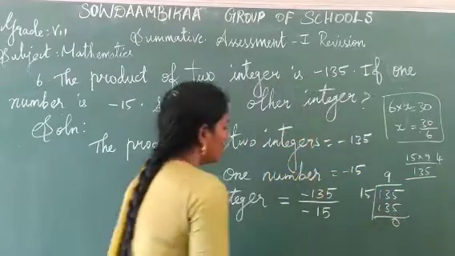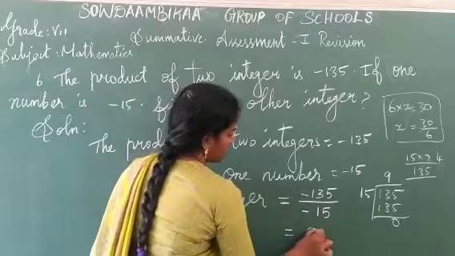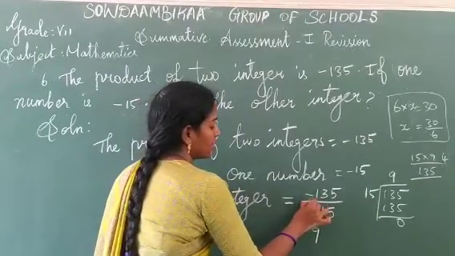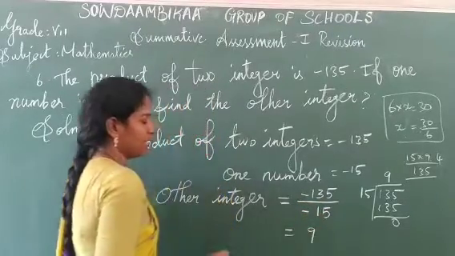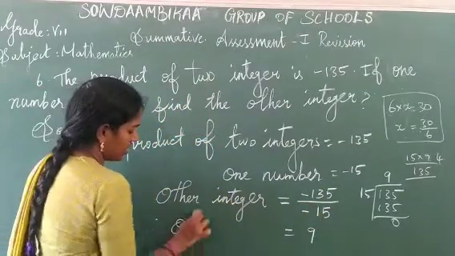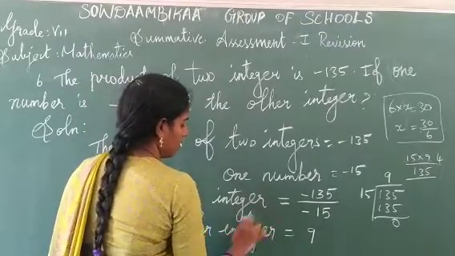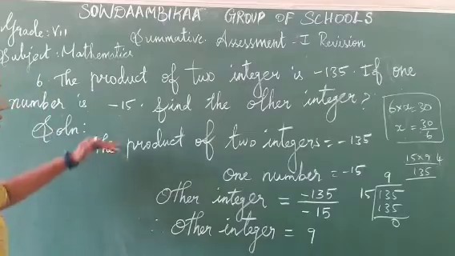Okay, dear. Therefore, we get the answer plus 9, because in division, minus divided by minus comes plus. Therefore, other integer is equal to plus 9.